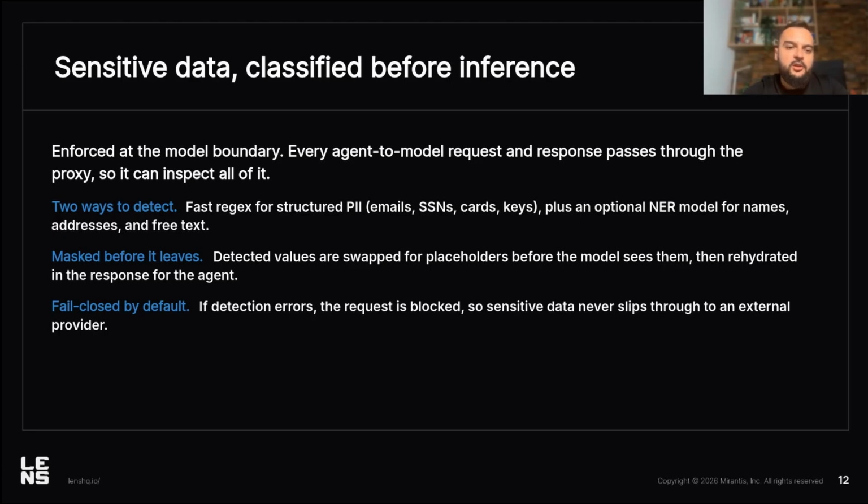And detection works in 2 ways. We have a fast regex for structured PII, and we also have an optional NER model for names, addresses, and free text as well. Detected values are masked with placeholders before the model ever sees them. Then they are rehydrated in the response for the agent. And it fails closed by default. So if detection errors, the request is blocked and not forwarded.